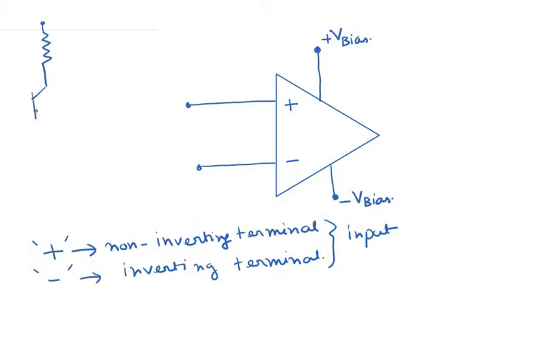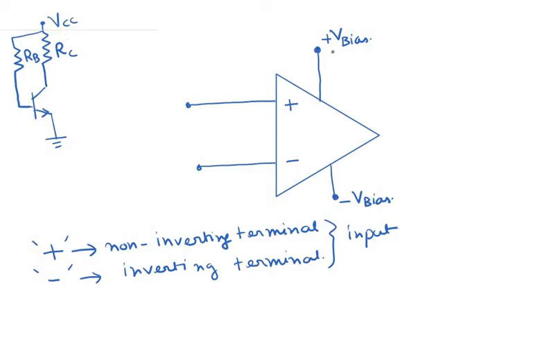In case of the BJT or also in case of the MOSFET, we apply this DC voltage to the base and collector of this transistor to take the transistor to the forward active mode. So VCC here is basically the biasing voltage.